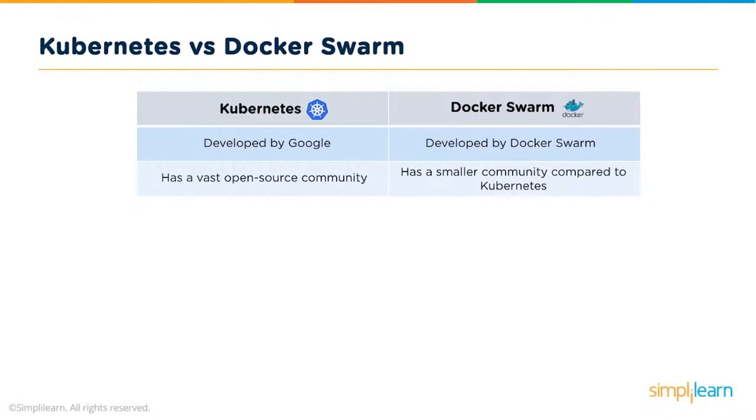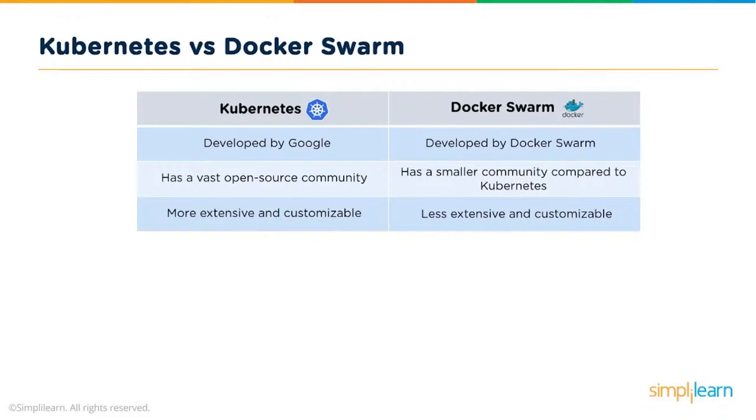Docker Swarm is actually managed and developed by Docker. There is a smaller community, but it is also a very passionate community, and the reason being is that both products are actually pretty good and you just have to choose which one you want to go with. Without doubt, there are more customizations and extensions built for Kubernetes simply because the community is so much bigger than the Docker Swarm community.